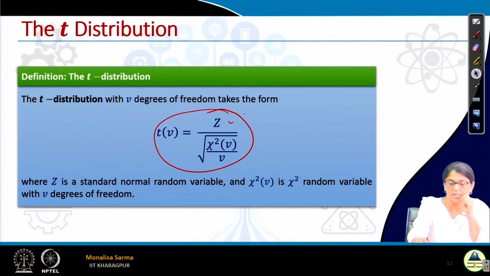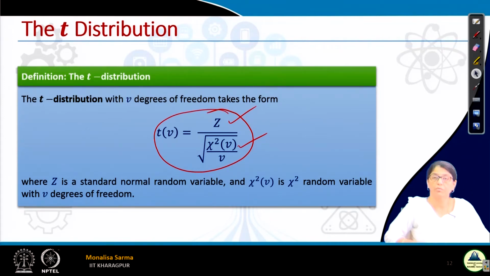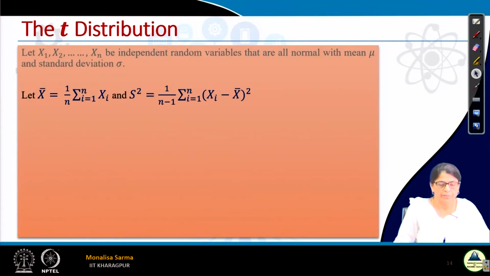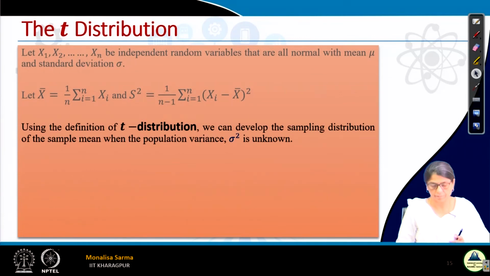Now we know what the z value is, and we know what chi-square with v degrees of freedom is. If we substitute these, then maybe we will get whatever we need. We need something in terms of sample statistics. For a sample, I should never talk of a parameter; a parameter is always for the population.